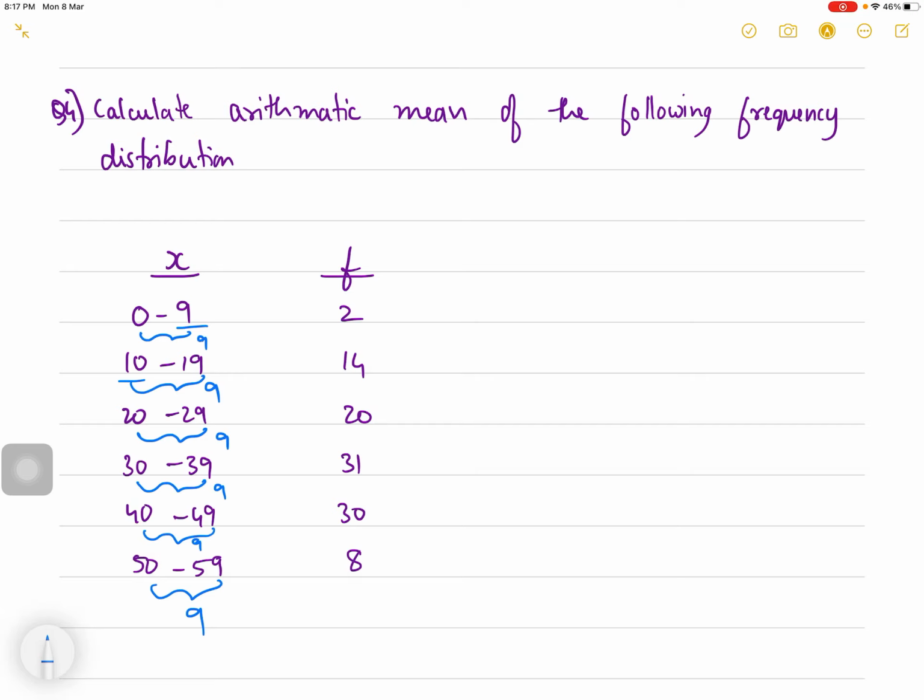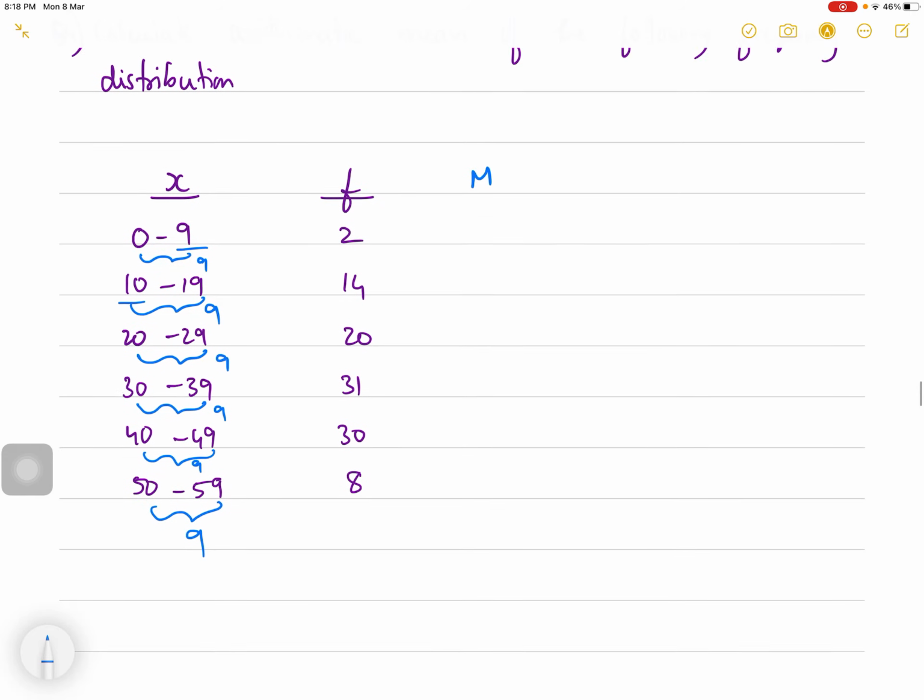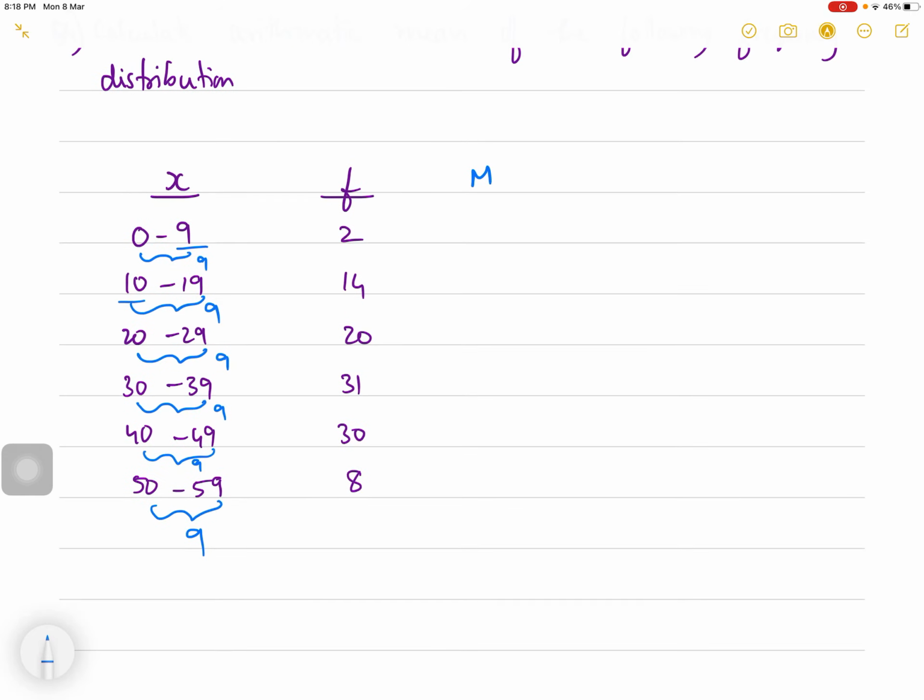Okay. Now, midpoint. Midpoint in this case will be 0 plus 9 divided by 2. 0 plus 9 divided by 2 is 9 divided by 2, which is 4.5. 10 plus 19, which is 29. 29 divided by 2 is 14.5, right?